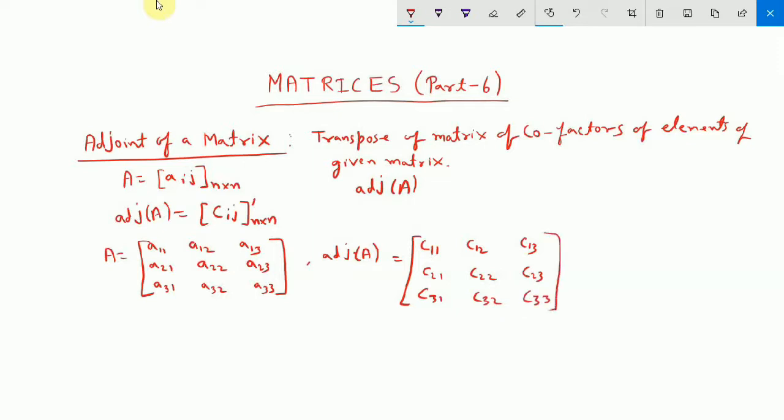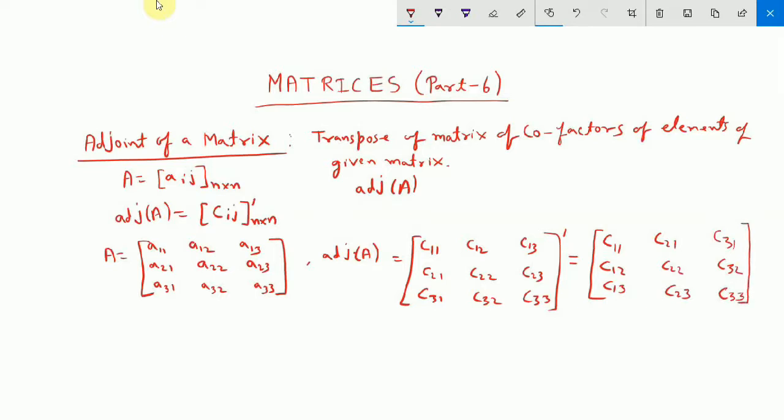Okay, so we have to take transpose of this cofactors matrix, and it will be C11, after taking transpose it will be C12, C13, then C21, C22, C23, C31, C32, and C33.